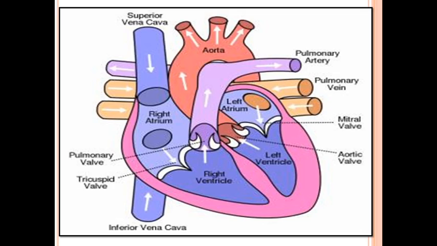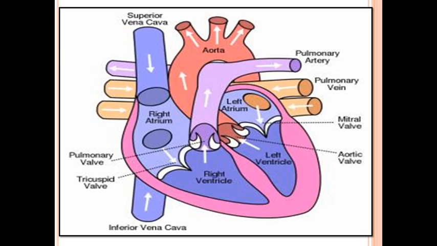So what is actually happening in circulation? The right atrium receives carbon dioxide-rich blood from the various parts of the body. Then from the right atrium to the right ventricle the blood goes.